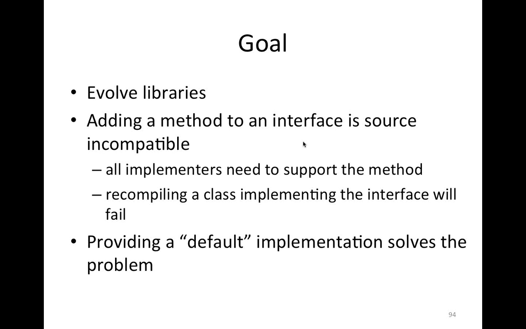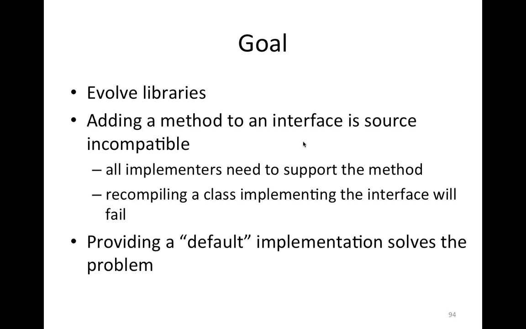So let's say you're providing me with an interface and I'm implementing it, and tomorrow you create a new method. Then suddenly if I recompile my project, I'll get compile errors because my classes are not supporting the new contract of the interface. They're not providing an implementation for that new method you've introduced.